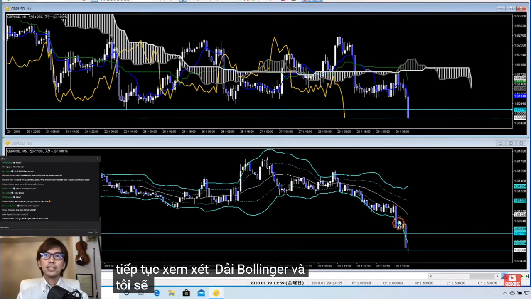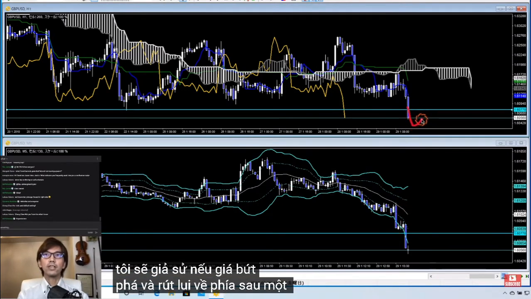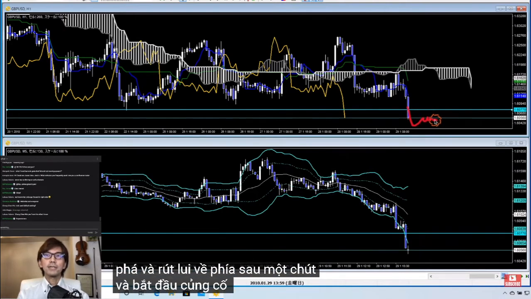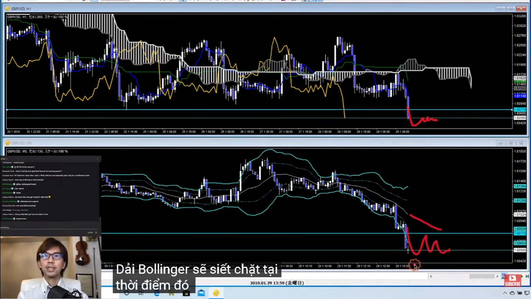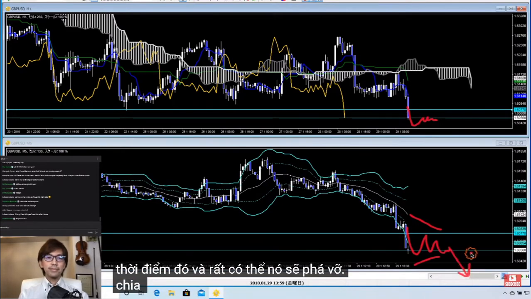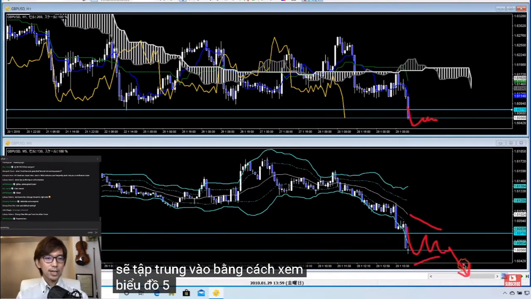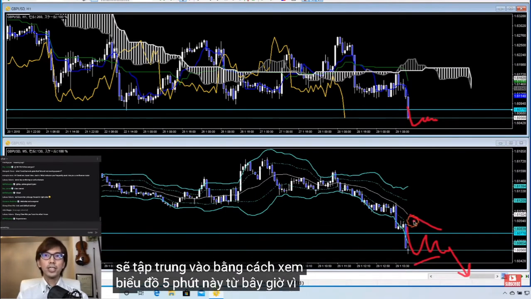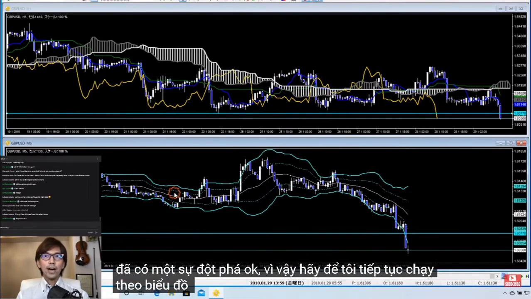So let's say if the price breaks out and retraces backwards a little bit and starts to consolidate, the Bollinger Band should squeeze at that time, and most likely it will break downwards. So that's something that I will be focusing on by looking at this 5-minute chart from now on, because there was a breakout.